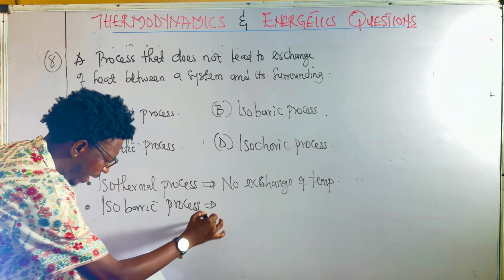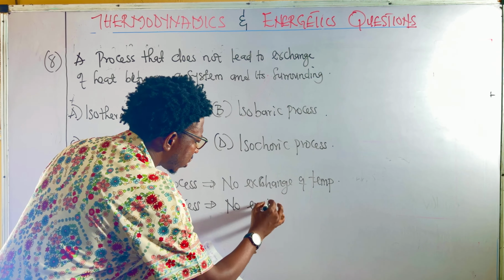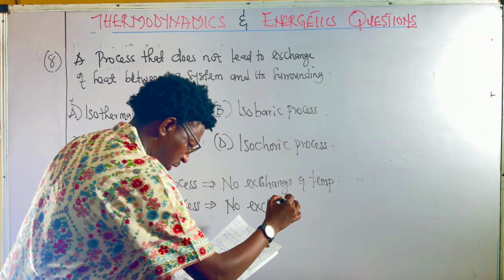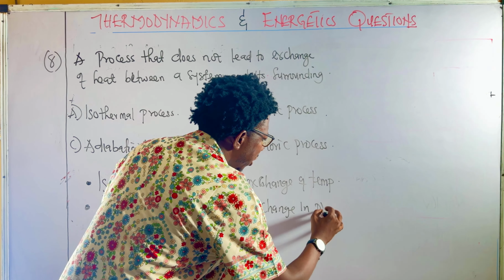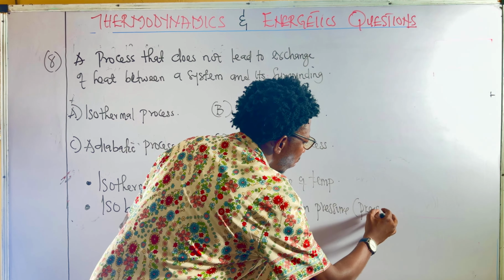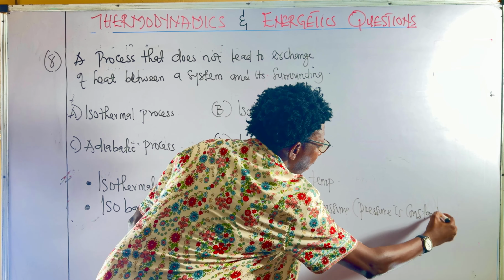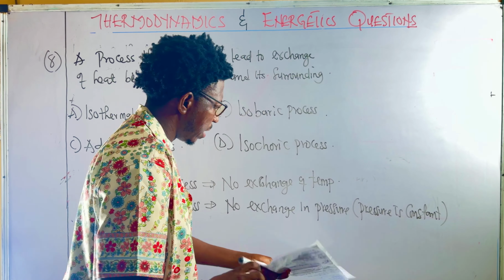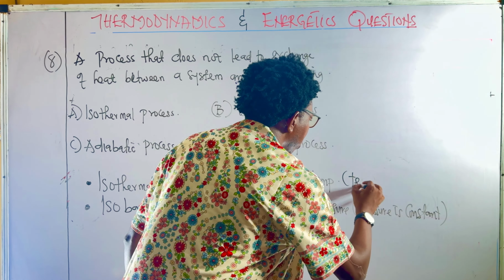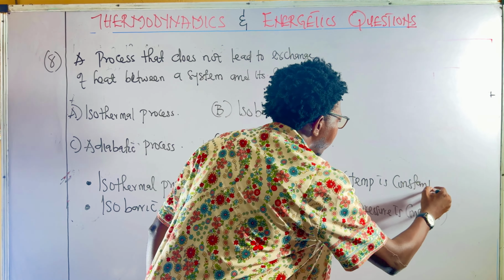For an isobaric process, there is no exchange in pressure. So in that case, we say pressure is constant. In the isothermal case, we say temperature is constant.